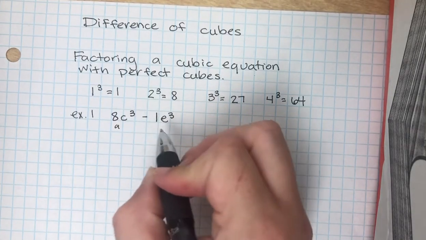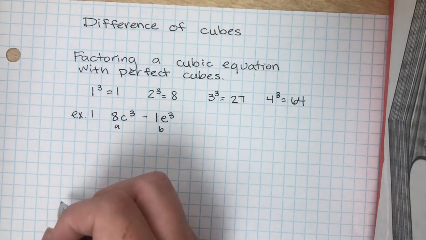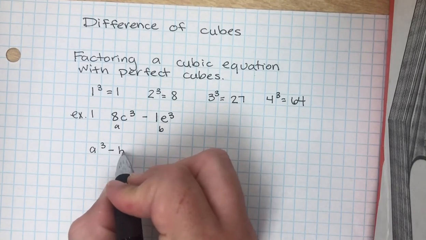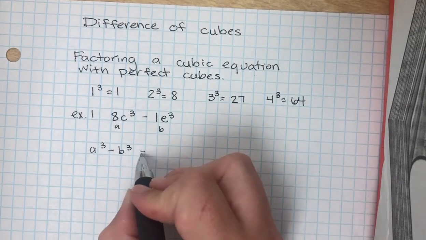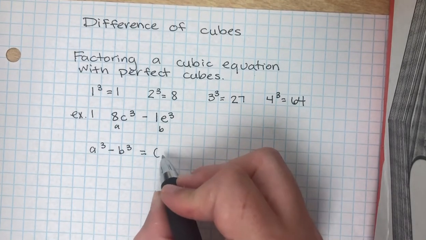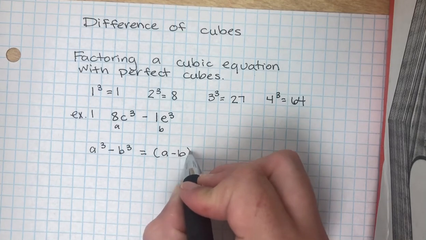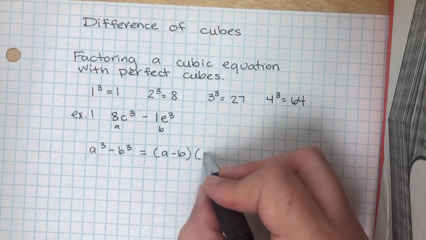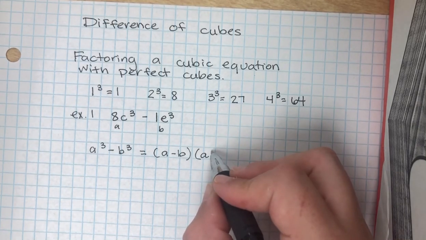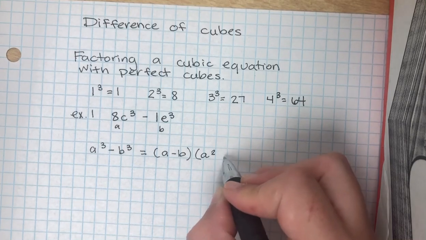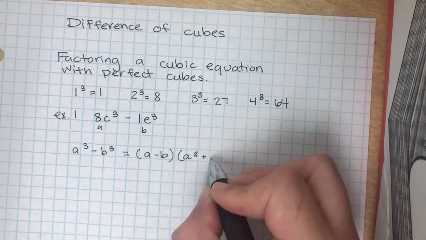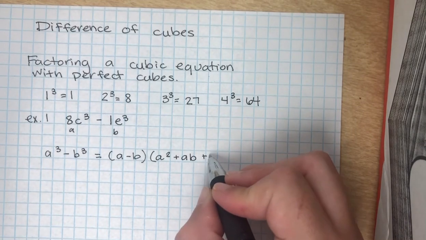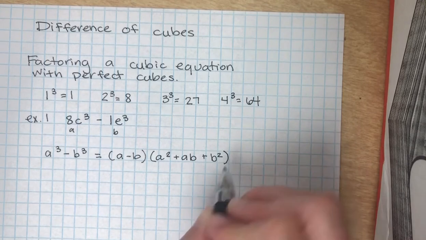This is our A, this is our B. So I know that a to the third minus b to the third is going to factor out to be this following formula: a minus b, times a squared plus a times b, and then plus b squared, okay?